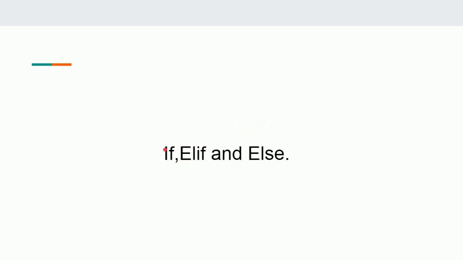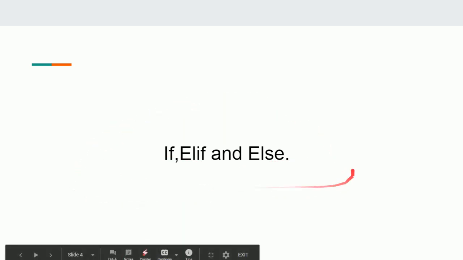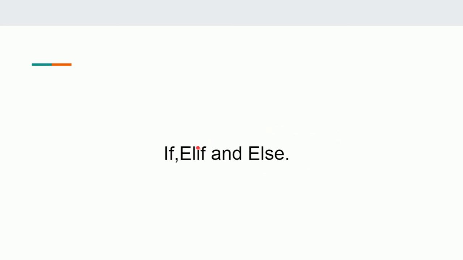So guys, if, elif, and else are used basically everywhere. If you play any video game and you move forward, that's an if statement. That if the player clicks the forward button, let the player go forward. But else, we use the else statement over here.